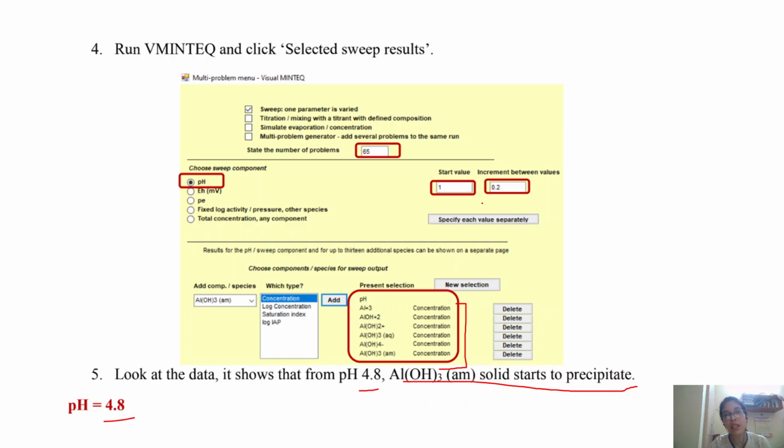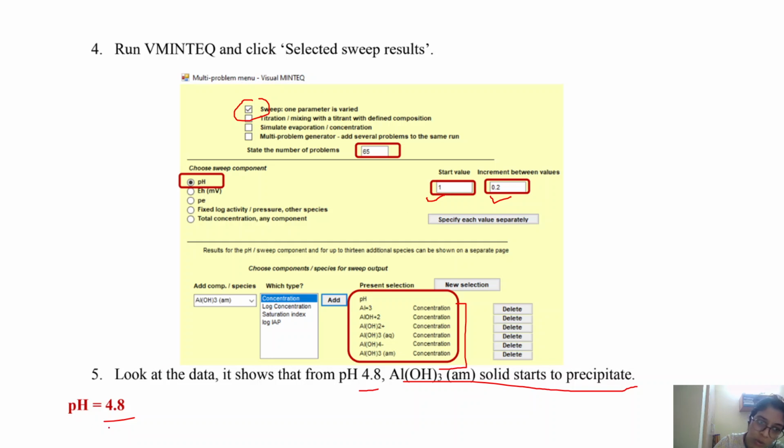We have started the pH value from 1, then we are incrementing it by 0.2. We are varying just one parameter, that's why we are clicking here, because the parameter that we are varying is pH. So it is like 1, then 1.2, 1.4, 1.6.